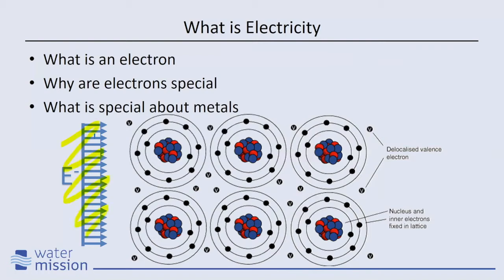So we have a field right here that's applying pressure onto these electrons. It's a negative field that's pushing these electrons away. Now, as these electrons move away, they're also pushing the other electrons away. And all of the electrons within the entire length of this metal bar begin to flow.